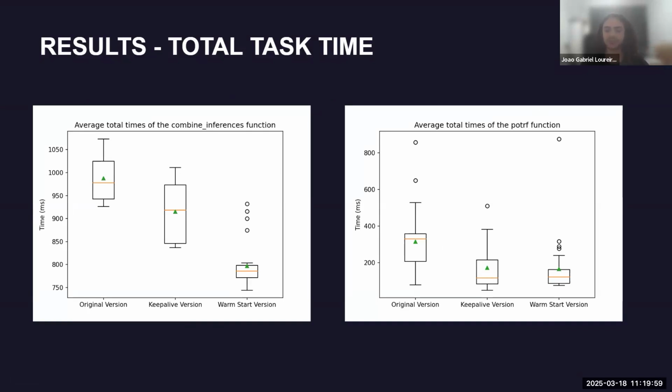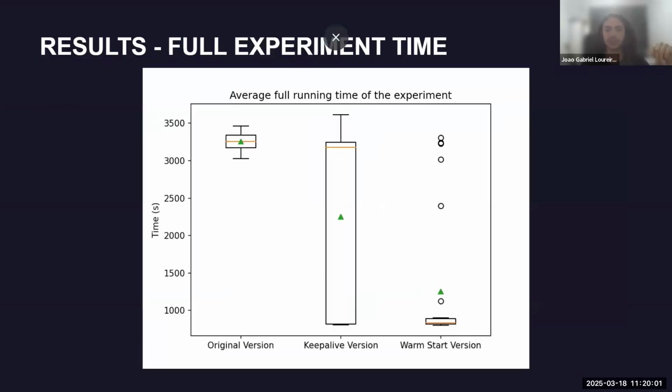And finally, we looked at the full experiment time because we wanted to see not only functions, but the workflow, if completing the workflow would have a significant impact on time. And here we can see, and the test detected, that the warm start version was a lot better. We can see that the times are mainly focused here around 1000 seconds with a few outliers.